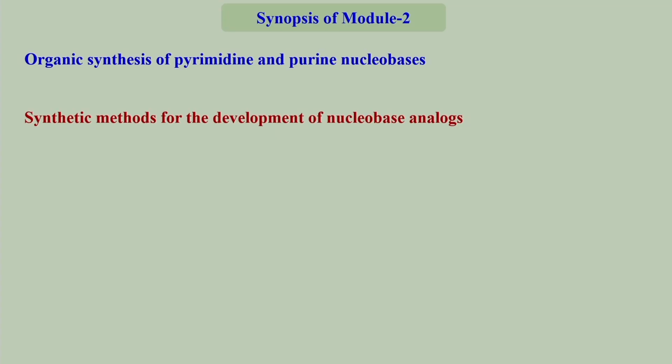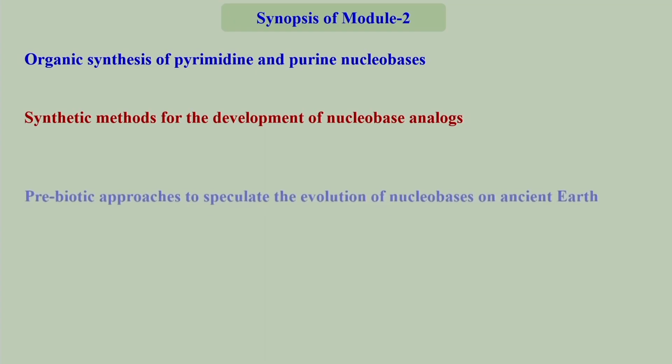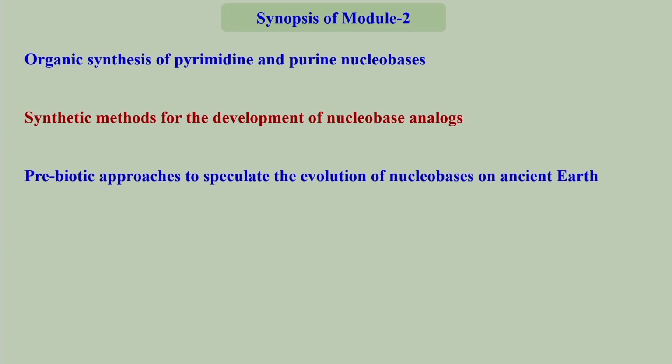We have seen different synthetic methods that we can use or develop for nucleobase analogues, if you want to synthesize derivatives of the nucleobases which have other applications apart from base pairing, for example in the drug and medicine industry as pharmaceutical drugs. Then we have also seen how prebiotic chemistry can be done, or ways to speculate how the nucleobases evolved when there was no life on earth.